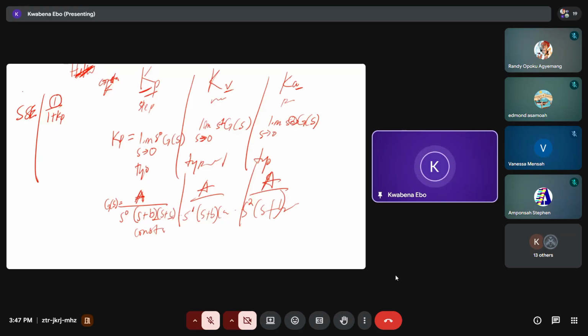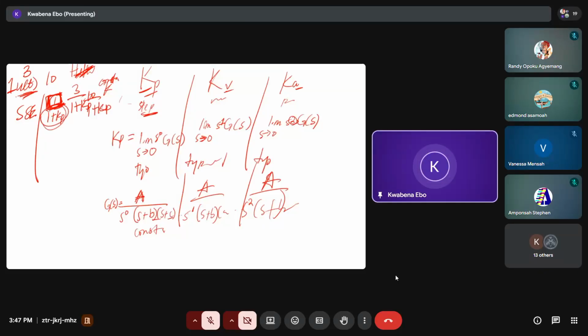We are using just u(t), a unit step, so it's 1 here because it's 1 u(t). If it were 3 u(t), it would be 3 over 1 plus Kp. If it were 10 u(t), it would be 10 over 1 plus Kp. So this is the magnitude of the input we are giving it.